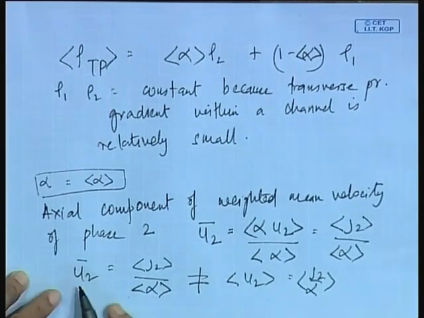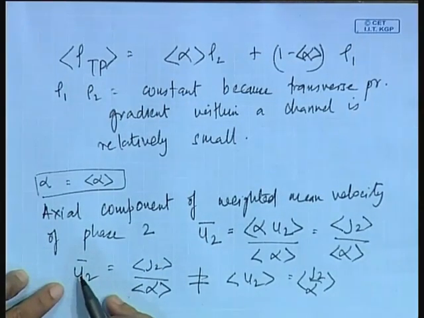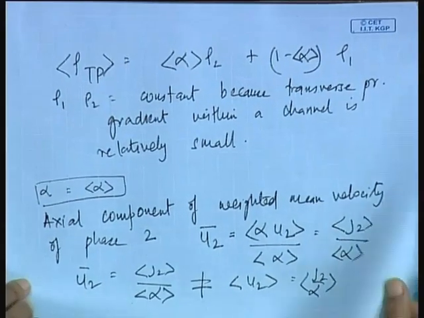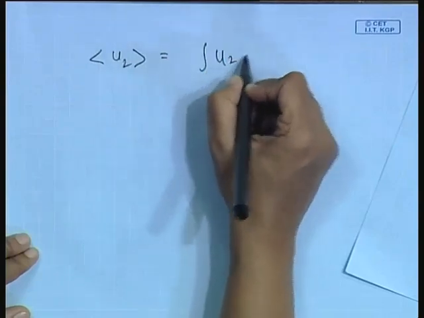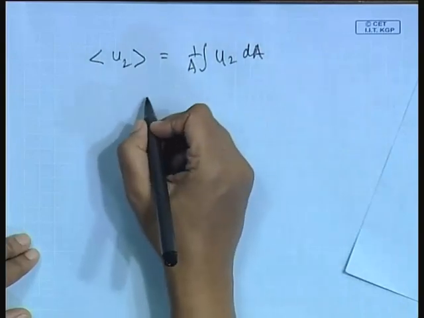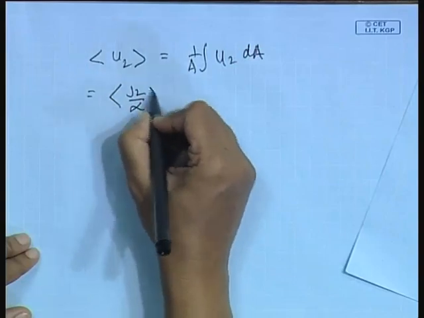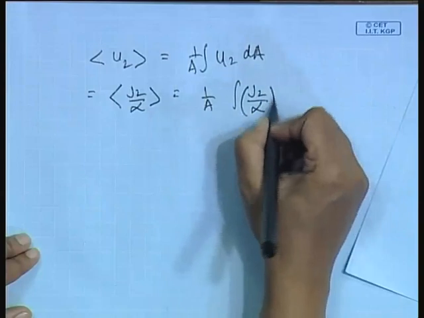The thing is, in this particular case we get the weighted mean average velocity and the cross sectional average velocity. What does this mean? This u2 bar means integral u2 dA by A, or in other words, if this is equal to J2 by alpha, this means 1 by A integral J2 by alpha dA.